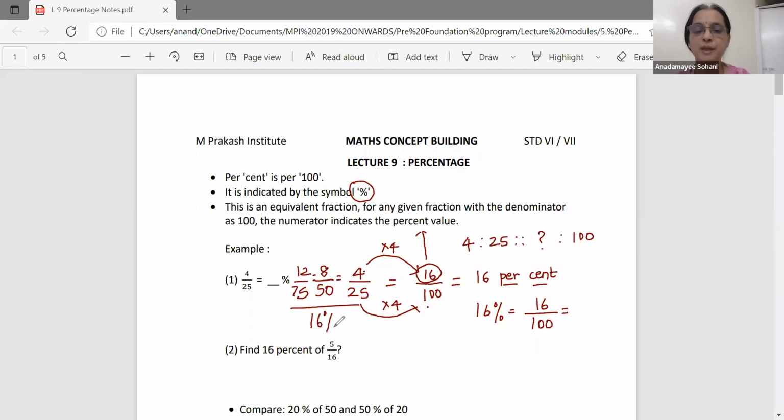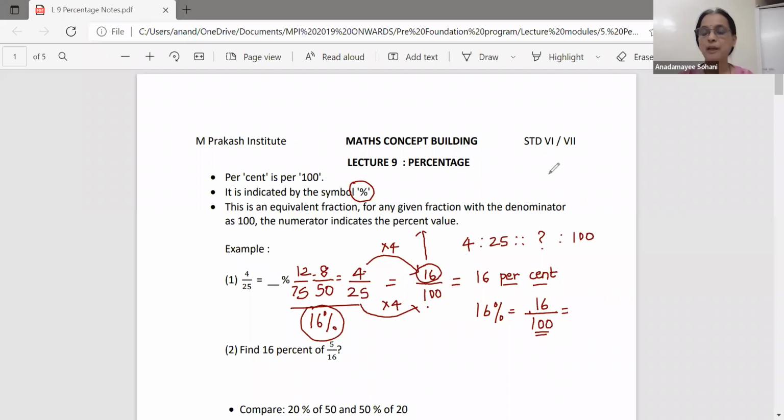That means if any child scores 4 marks out of 25 marks in his exams, or he scores 8 marks out of 50 marks, or he scores 12 marks out of 75 marks, he has scored 16% marks. That is the generalization when we talk of percent. You have to remember that. Okay. So always remember, per will stand for this line between numerator and denominator, and cent will stand for the 100 in the denominator.